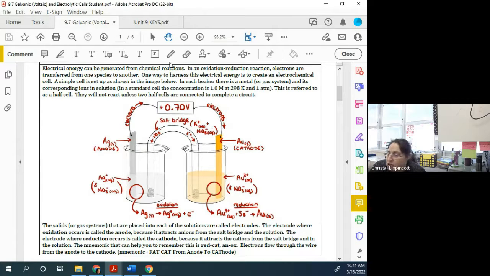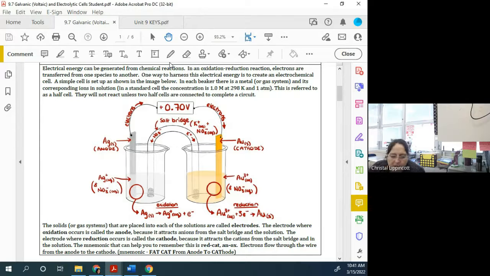And this is essentially how your batteries work. When you have a battery, like the ones in a TV remote, you've got one metal on one side and another metal over here. You've probably heard of lithium batteries; well, one of those metals is lithium. The electrons are going to move across that.